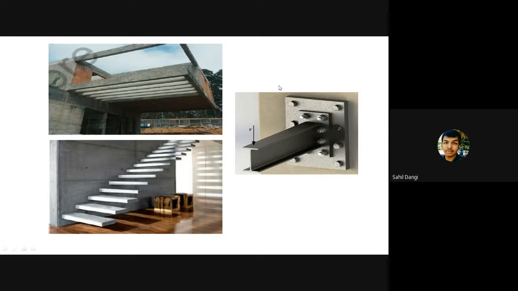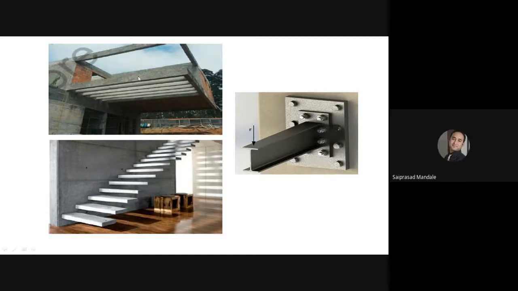Cantilever beam. Perfectly correct. Which type of beam is this? Cantilever. Perfectly correct.